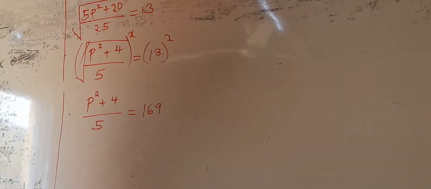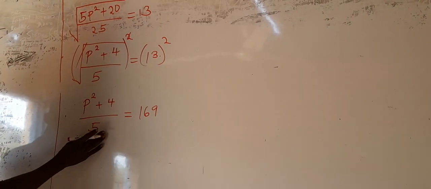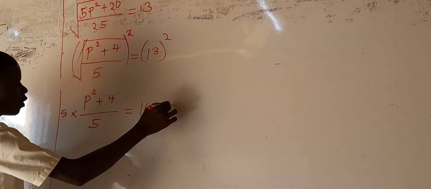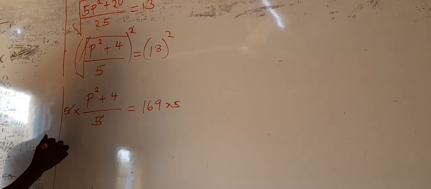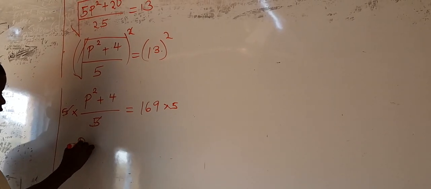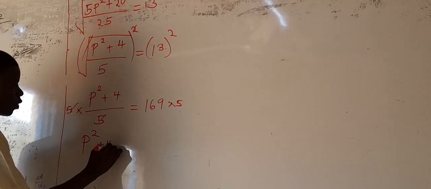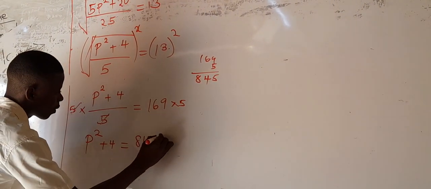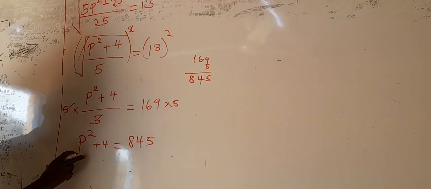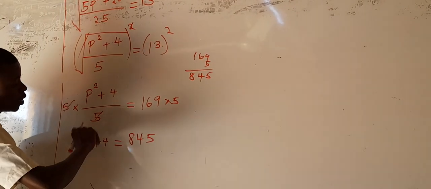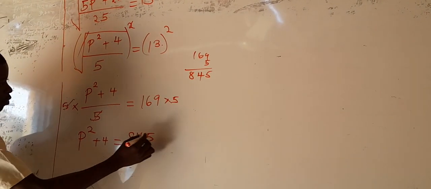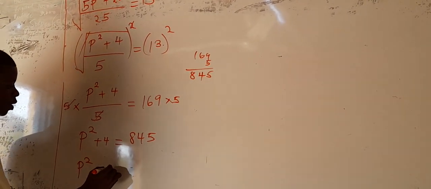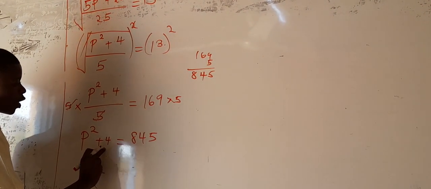169. So we are going to multiply both sides by 5. So this one and this one cancel out. So we have P squared plus 4 is equal to 845. This one is positive, so when it crosses the equal sign, it's going to be negative. So our P squared is equal to 845 minus 4.